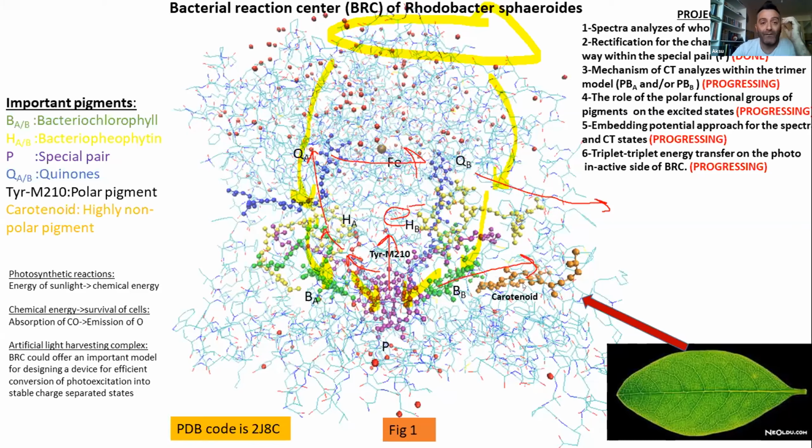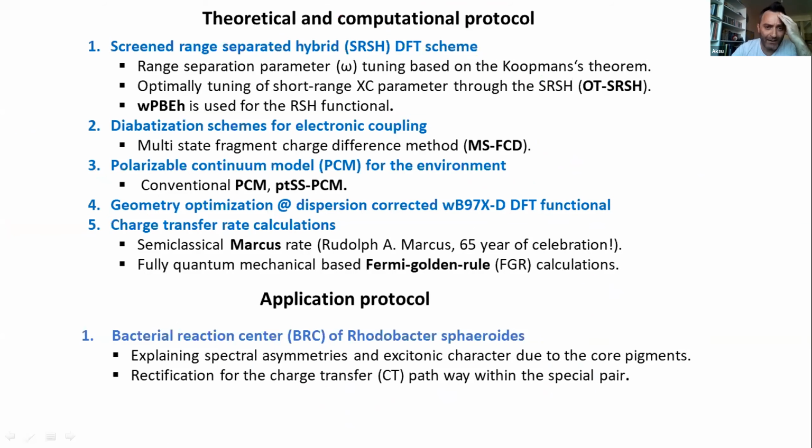Okay, what is the theoretical and computational protocol? We are using range-separated hybrid functionals, and especially screened-type range-separated functionals, and for the electron coupling we are using the multi-state fragment charge difference method.